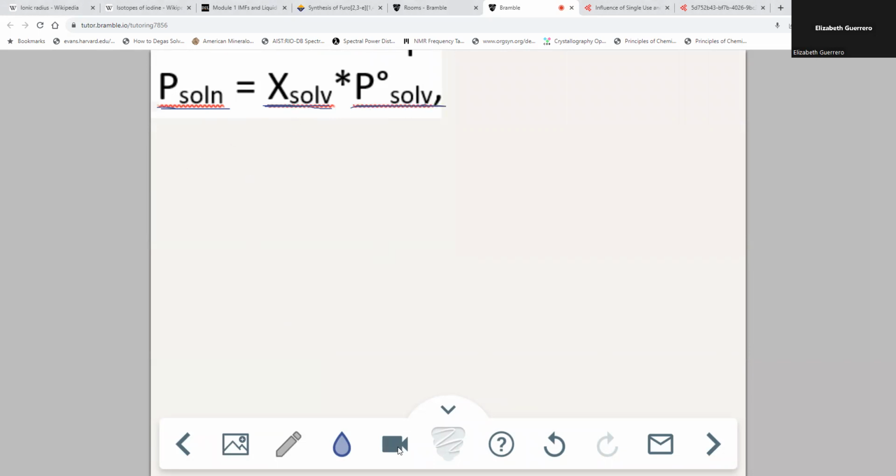And this is the equation we use for non-volatile solutes, meaning that the solutes themselves will not contribute to the vapor pressure because they are not volatile, meaning they don't go into the gaseous phase very easily.